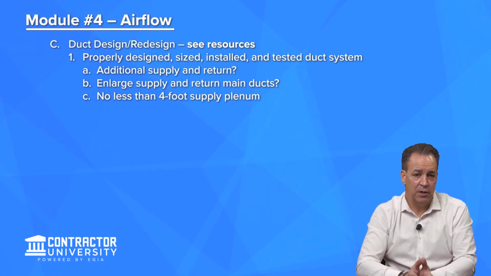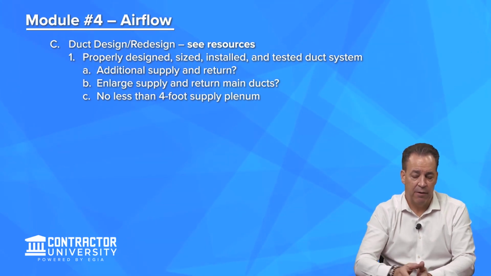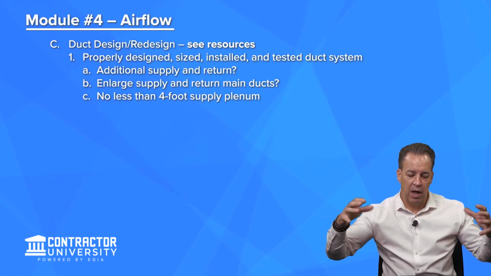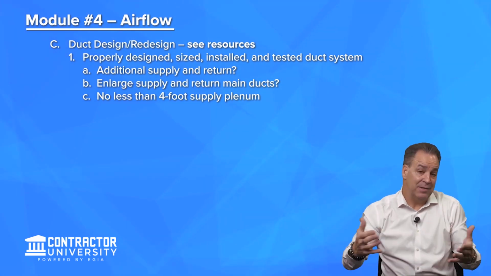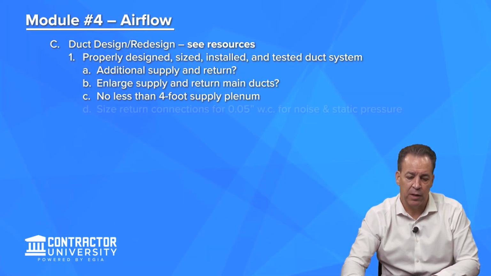But at the very least, you have to have no less than a 4-foot supply box. Longer is better, and allow that air to get in there and allow for things to come off and transition. Otherwise, you have everything coming off of the 4-foot box. But in some cases, you are limited on space, so you have to take that into consideration as well.